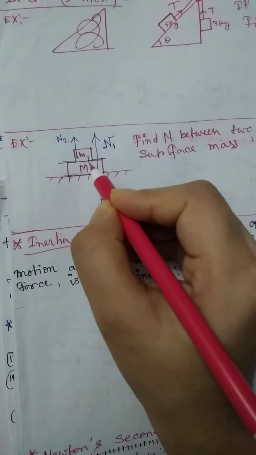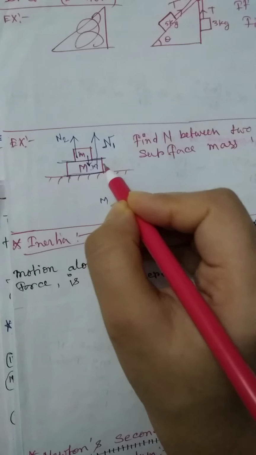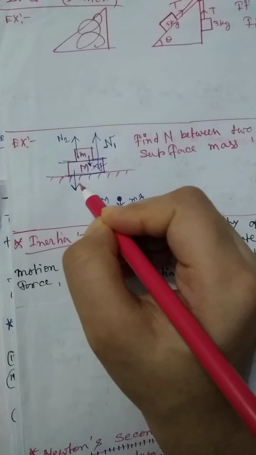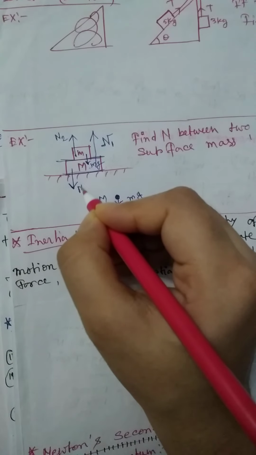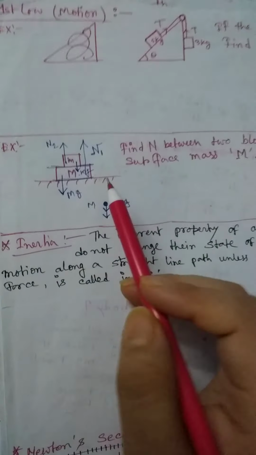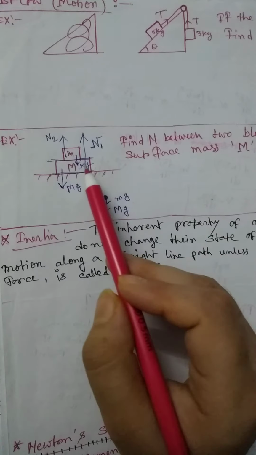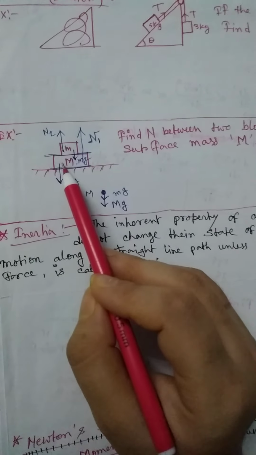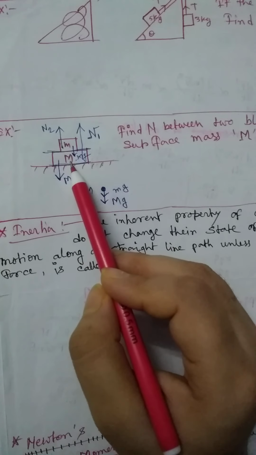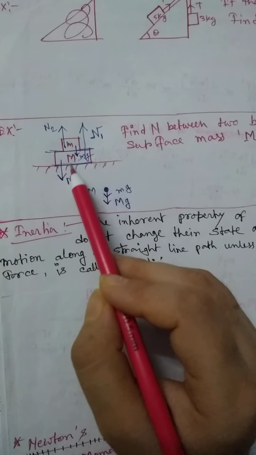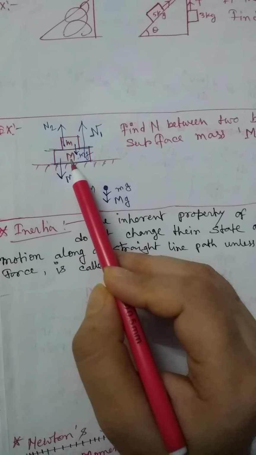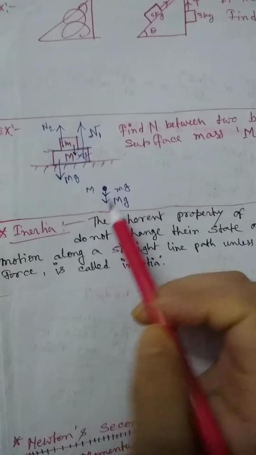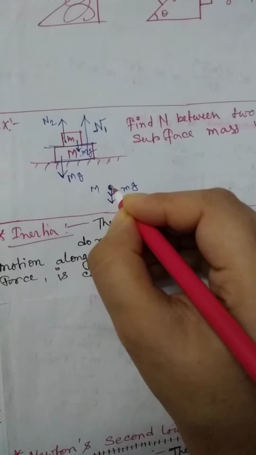The gravitational force of this body is along this side, which is capital Mg. That means this floor gives reaction force N1 on the M body, and the M body also experiences gravitational force Mg along this side. So I am showing you this, and this is N1.